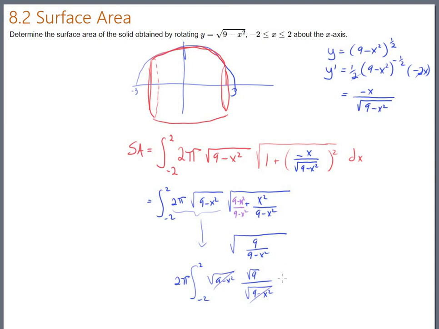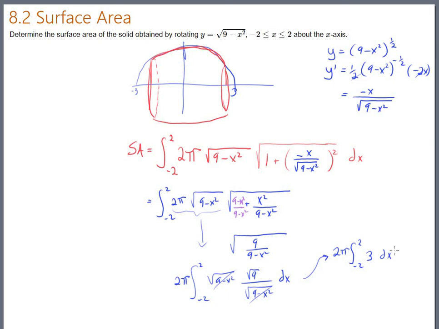Oops, I left the dx off the end. The square root of 9 is 3. I'm running out of room, but fortunately we're almost done. So the integral now looks like 2 pi times the integral from negative 2 to 2 of 3 dx. The integral got super simple this time, which was nice.